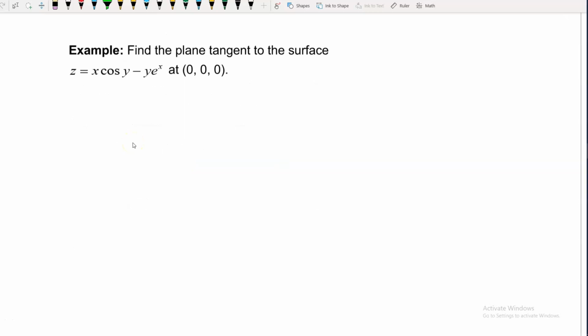Find the plane tangent to the surface z equal to x times cosine of y minus y times e to the x at the origin. So here we have f of x, y equals x cosine y minus y times e to the x. So first, we will find the partial derivative of f with respect to x.